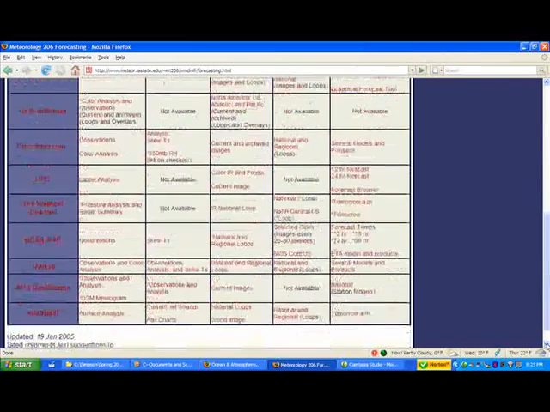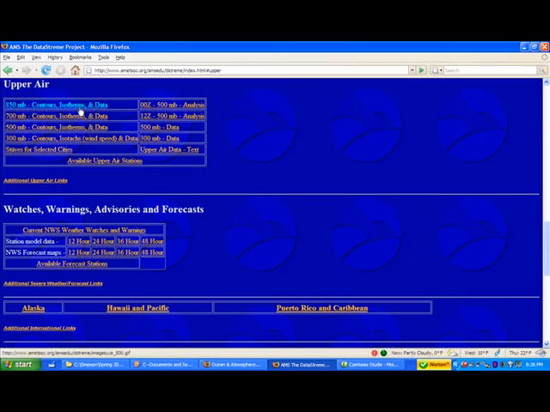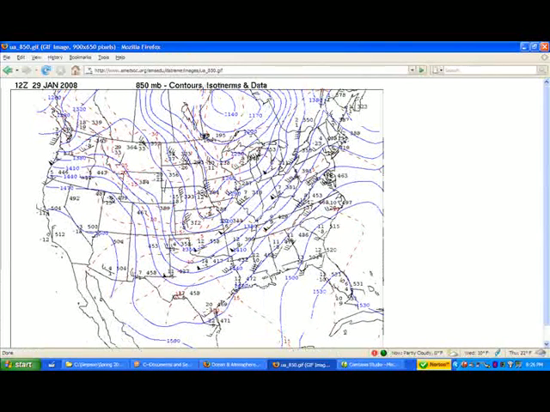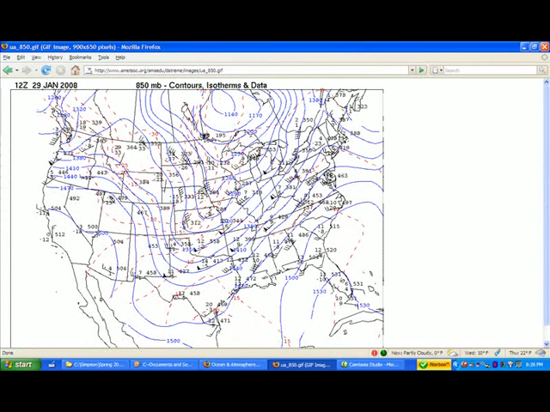And I went down to the AMS data stream, observations and analysis. And I went up to 850 millibar, contours, isotherms, and data. And I can pick off my temperature and dew points from these particular stations at 850 millibars.